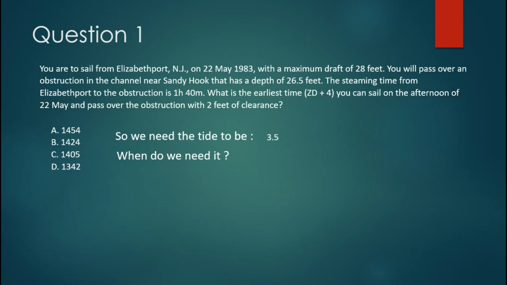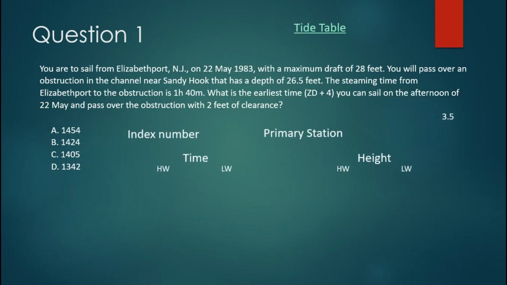Now that we have that, we can start our scratch paper here, and this should look real familiar. The problem tells you you're sailing from Elizabethport, New Jersey, but the obstruction is at Sandy Hook. So at first glance you may try to get the Elizabethport, New Jersey tide, but the obstruction is near Sandy Hook, so that's where we're going to go.